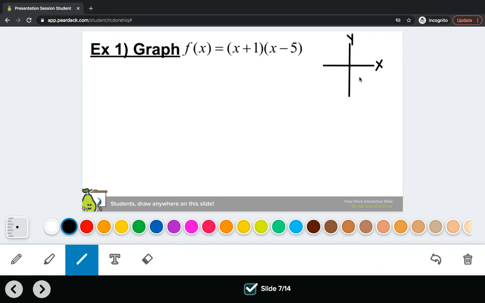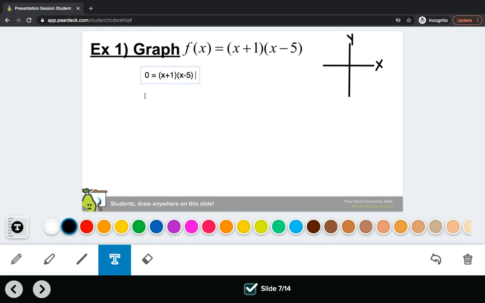So I have to make sure that I set this equation equal to 0. I'm going to go ahead and rewrite it. Instead of writing f of x, I want to know the value for 0 is equal to x plus 1 and then x minus 5. So when does the equation equal 0?